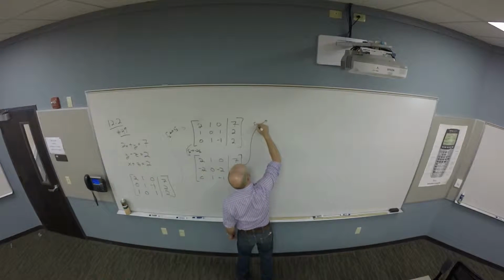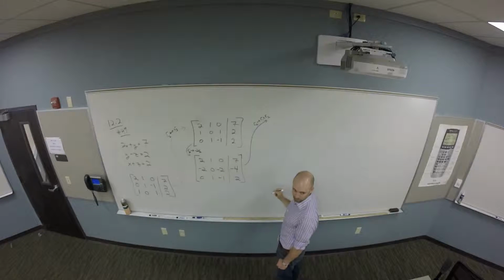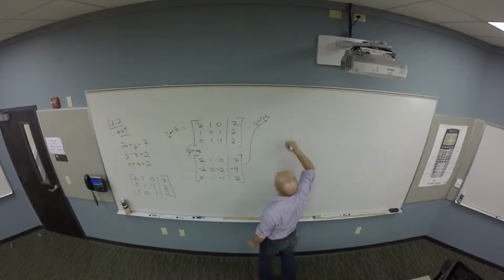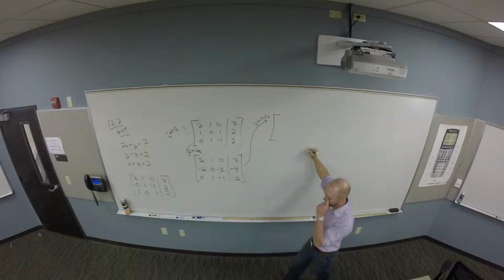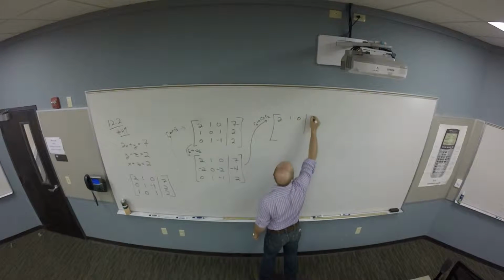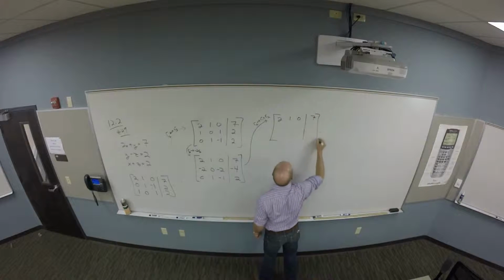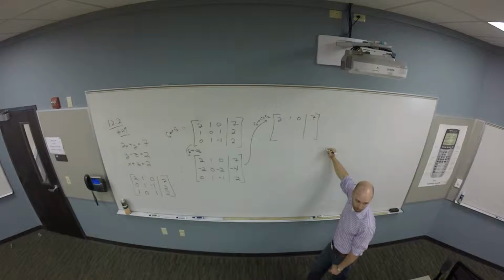Okay, so you're going to take row 2 and replace it with row 1 plus row 2. Good stuff. So what's going to happen to the first row? Yeah, nothing's going to happen to the first row. So I've got 2, 1, 0, 7. All right, what's going to happen to the middle row?